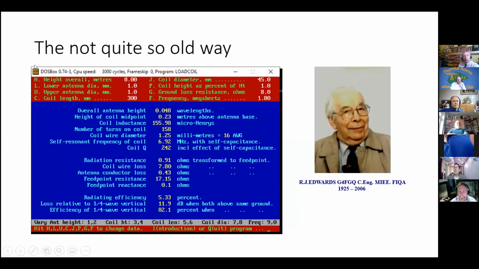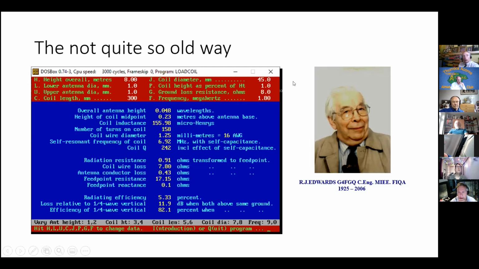And the G4FGQ programs, you can type in the details of your antenna for various antenna geometries, mostly HF, and it will dutifully tell you things like the radiating efficiency and the impedance and the matching components that are needed. And those programs are still very good, even if you need an MS-DOS emulator to run them on any modern PC. They are wonderful programs, and I recommend them to my friends.